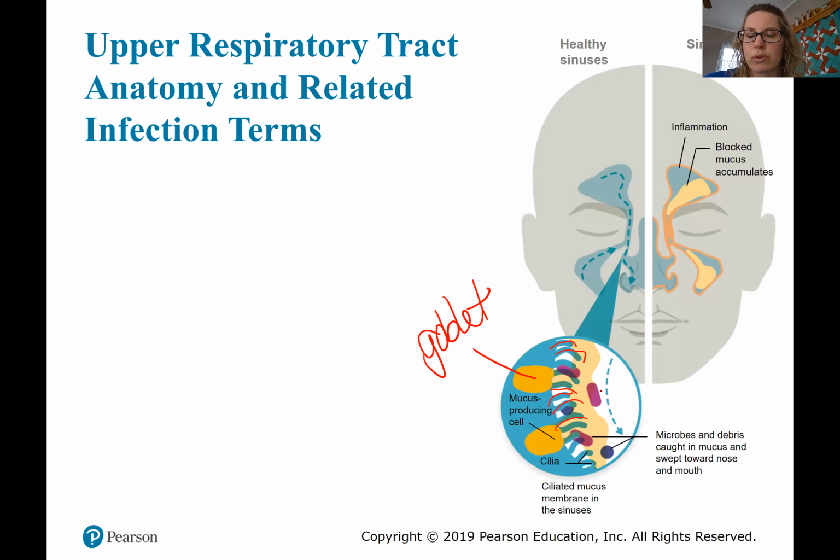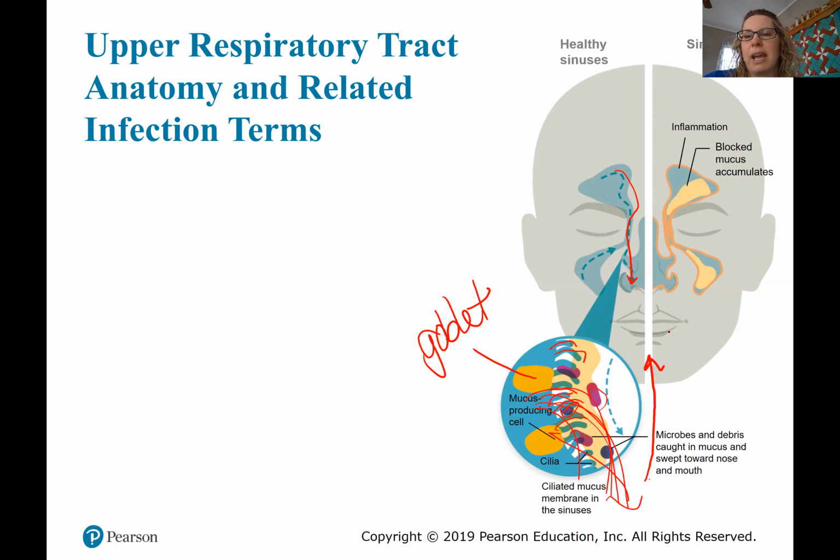So the mucus will trap bacteria and foreign substances, and then the cilia will sweep the mucus with all of its gunk stuck inside of it toward the mouth and nose. So in the sinuses, it's going to sweep that stuff down so you can blow it out or cough it out or whatever. In the trachea, down here in the lungs, it's going to sweep that stuff up so it can be coughed or spit out.